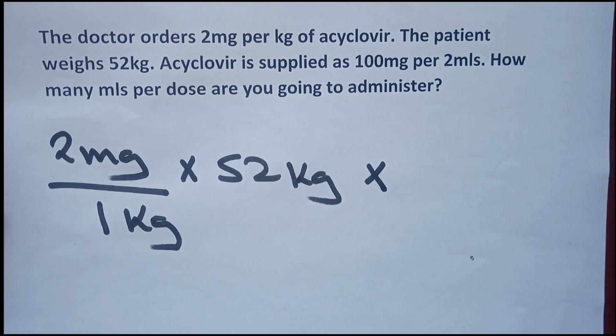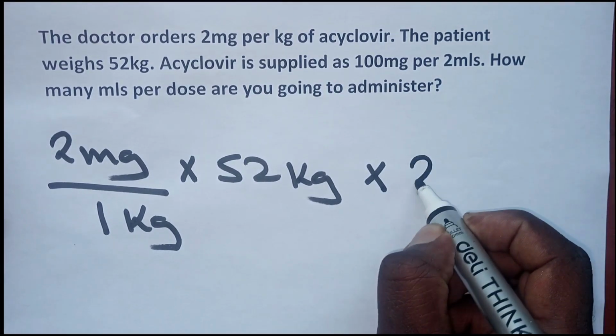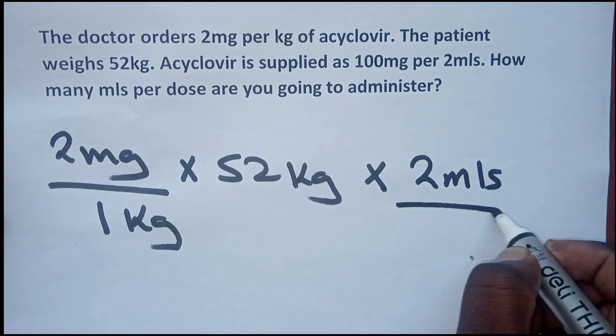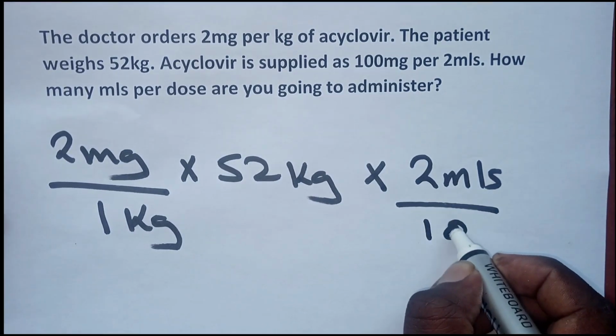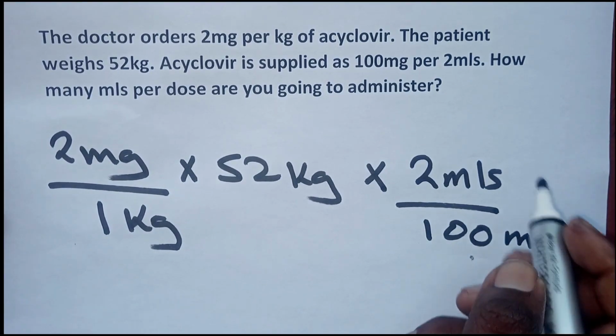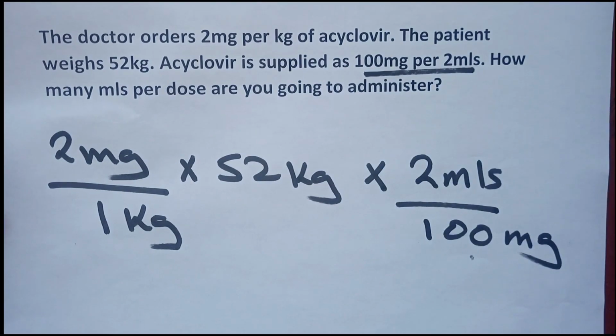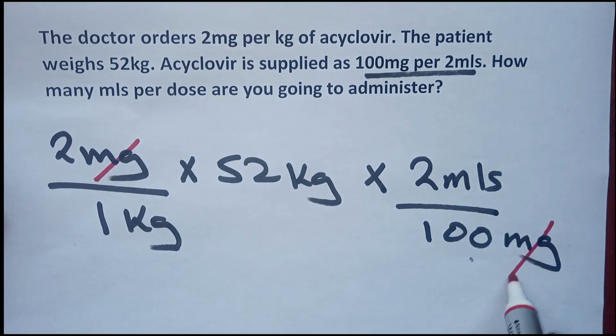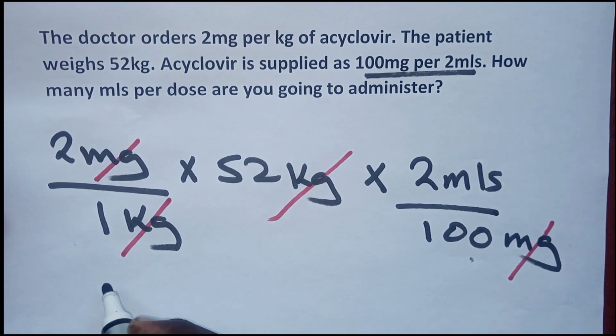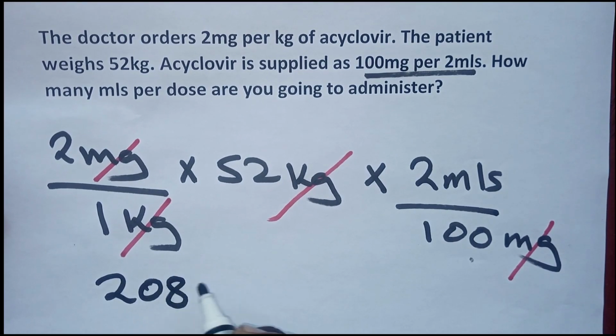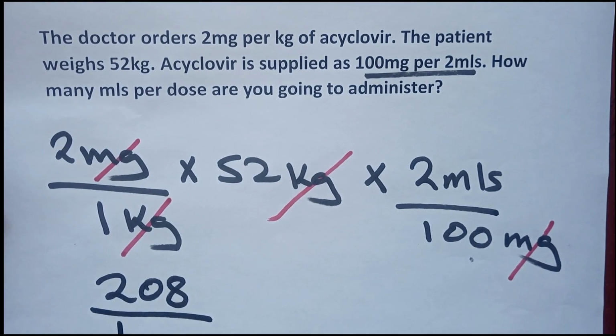So on this one, we are going to say per 2 mils you have 100 milligrams. Then you can cancel out units: milligrams will go and milligrams will go, kgs and kgs will go. After doing the mathematics, you are going to remain with 208 over 100, and the unit here is mils.